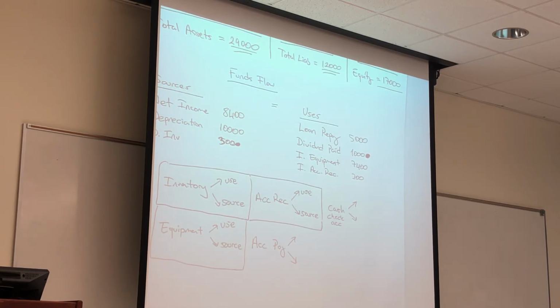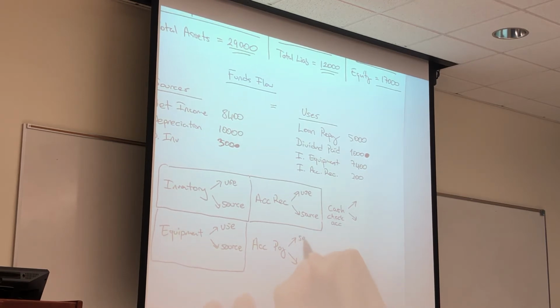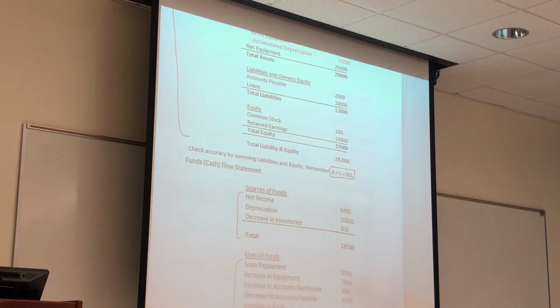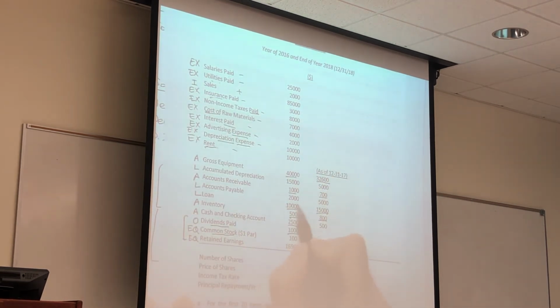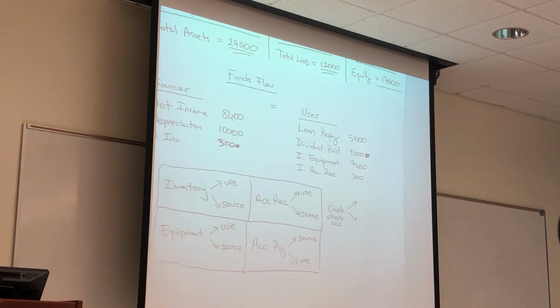We decrease the loan that we have, we owe to other people, right? Just want to make everything clear. Everything should make sense. Accounts payable has decreased. So decreasing means it goes to use. Decrease in accounts payable, which will be about 3,000.